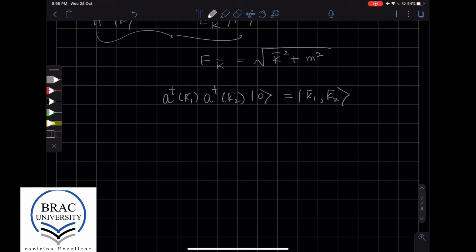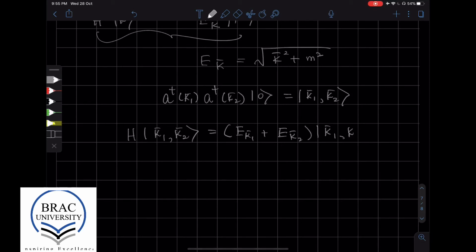It is a very easy exercise to show that H acting on this state will give us an eigenvalue which is the sum of the two energies associated to k1 and k2.